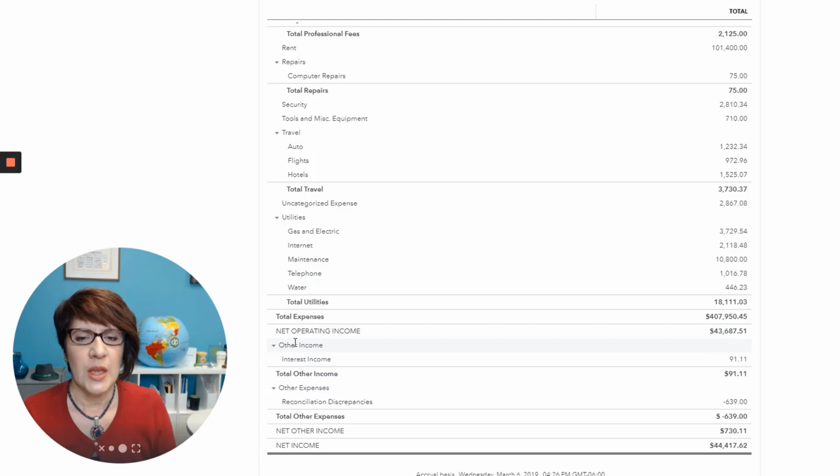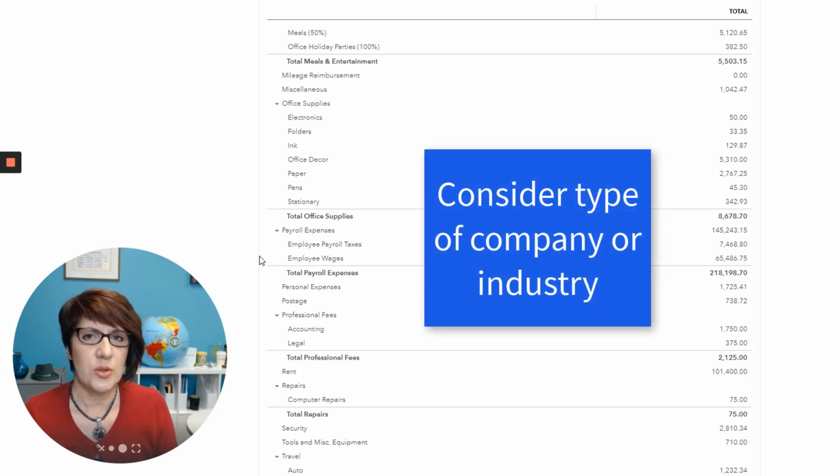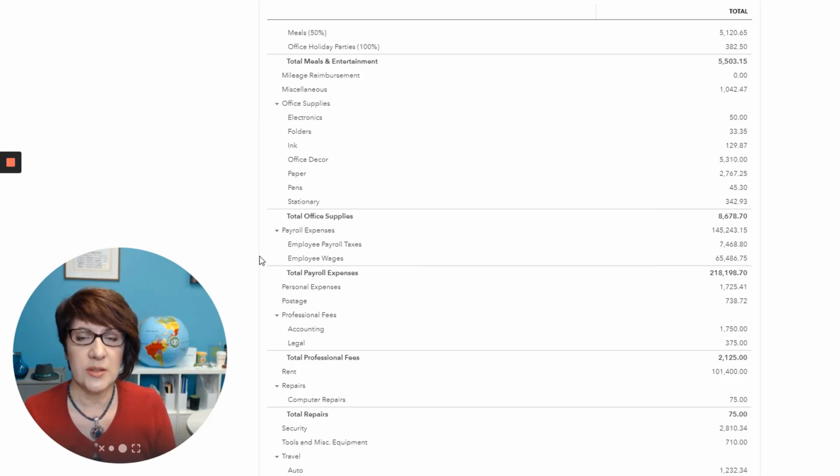utilities, and other. So to summarize, when do you record cost of goods? First, you need to look at the type of company and industry that you're working with, whether they should have cost of goods sold or cost of sales recorded.